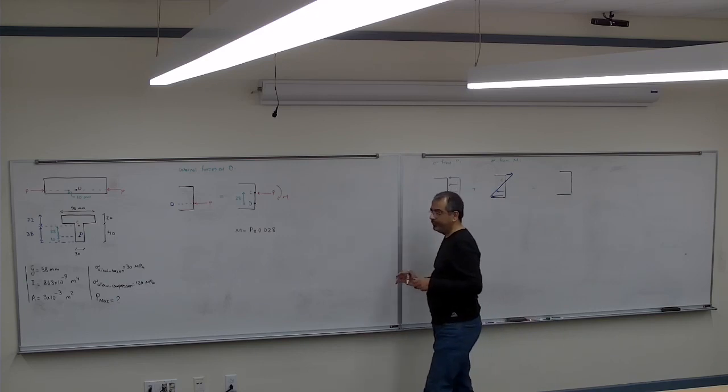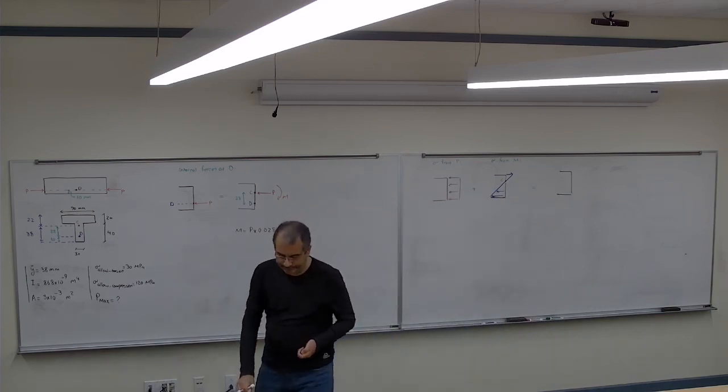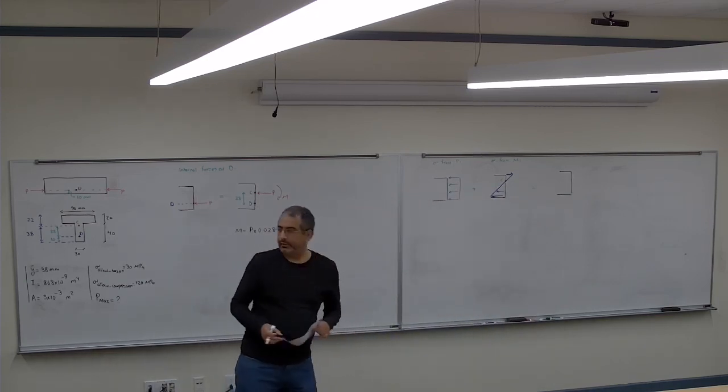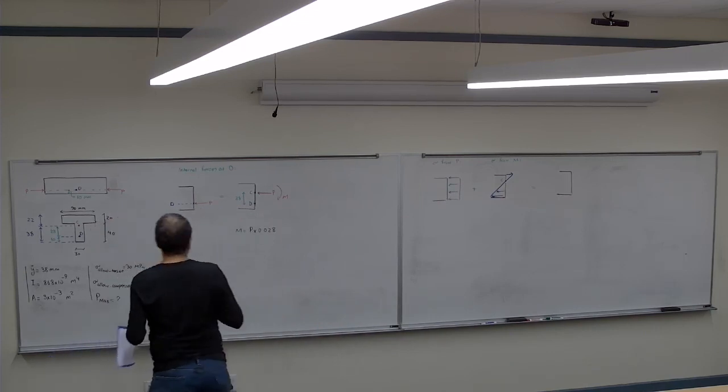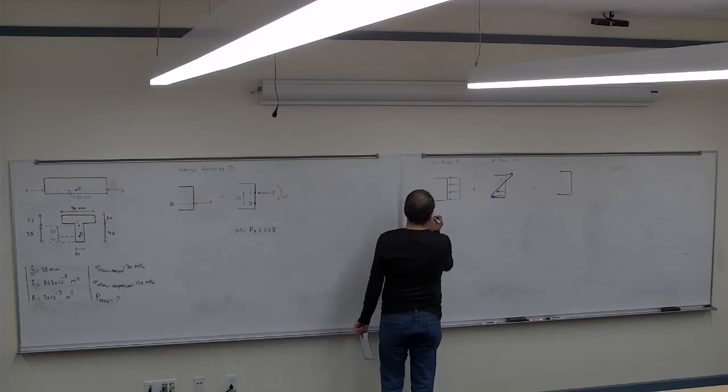So for the sigma from the tension, sigma is P divided by area.